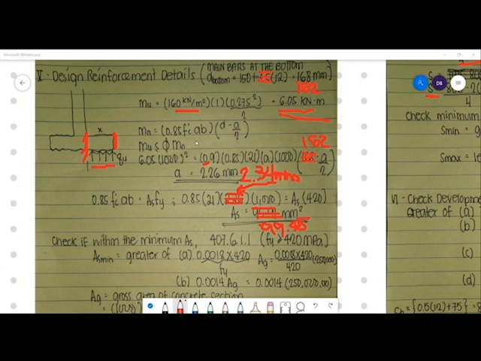Pero ito yung pinaka-basic, yung we don't have to memorize other things. Okay. So, pero it's much better pa din if you are able to know many approaches on how to solve.